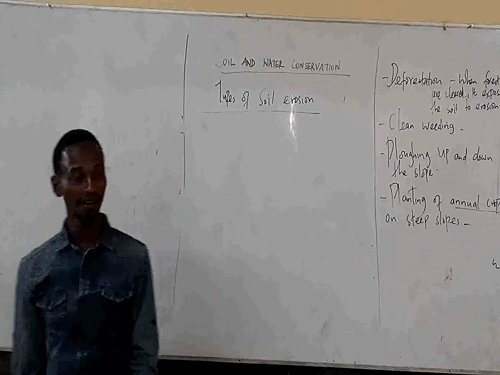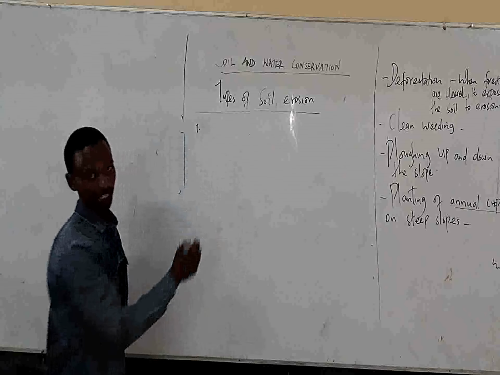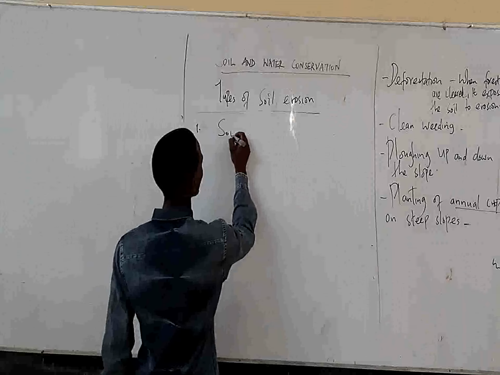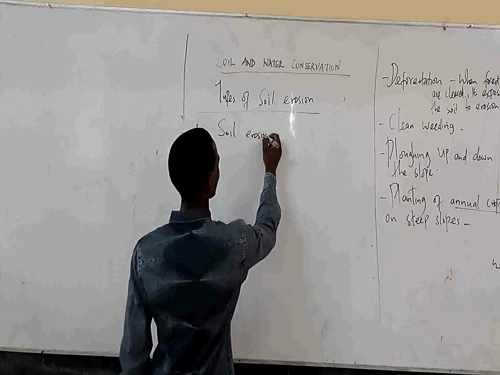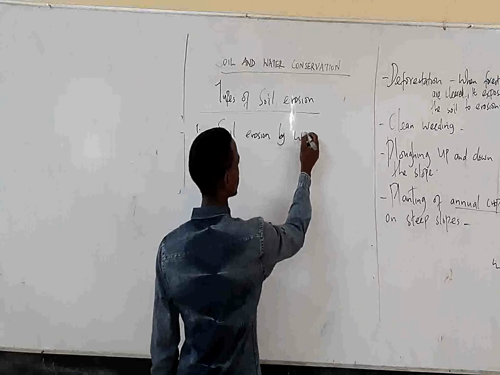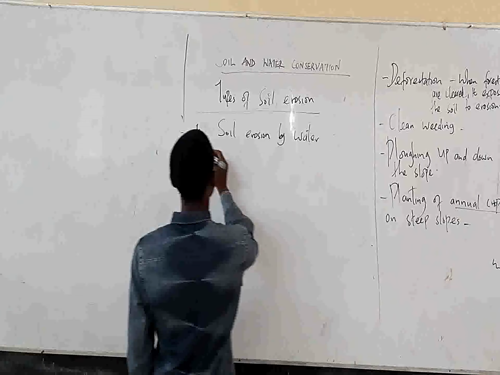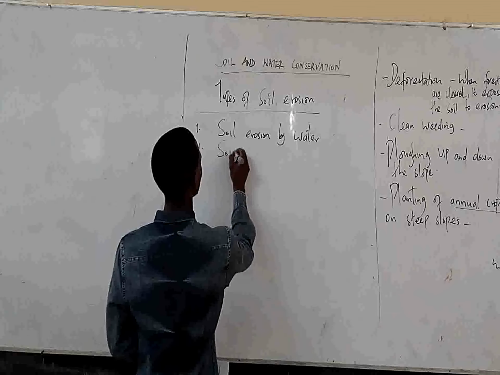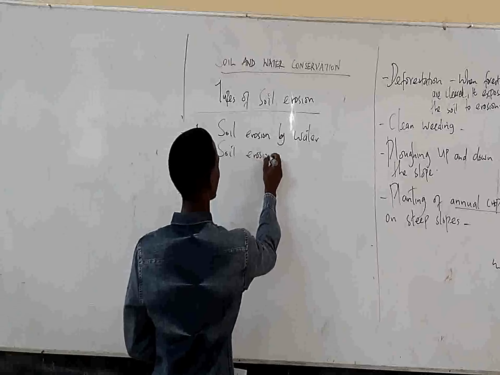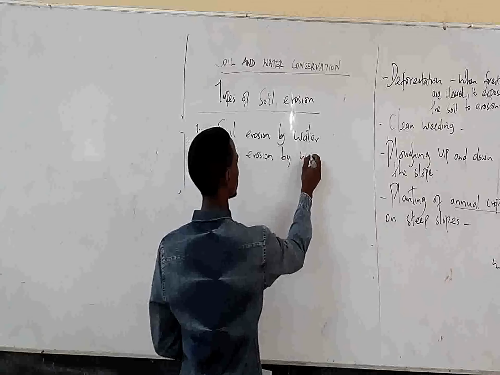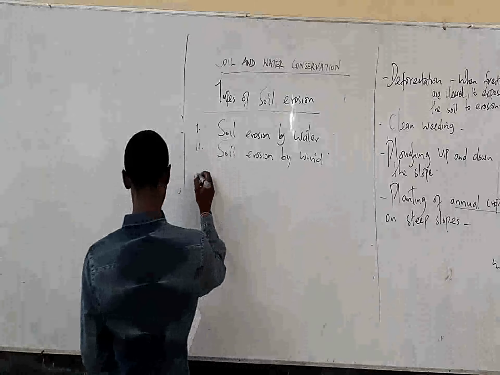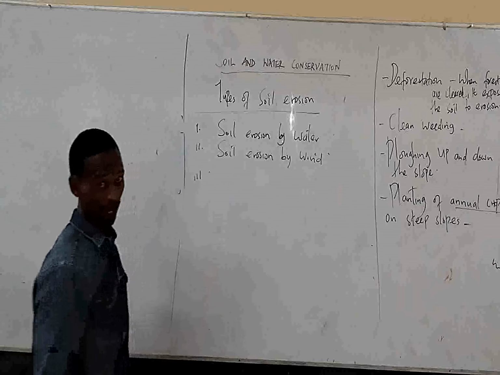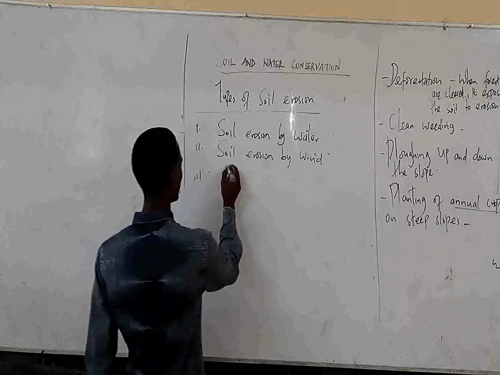Number one, we have soil erosion by water. Then number two, we have soil erosion by wind. We also have soil erosion through man's activities.